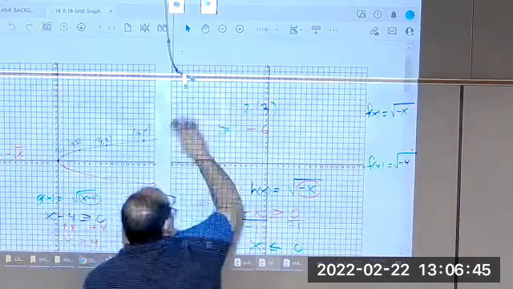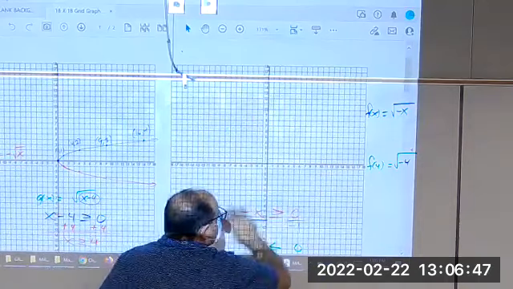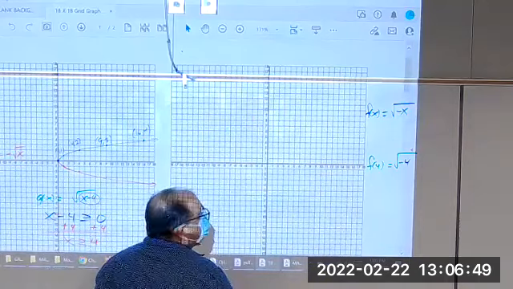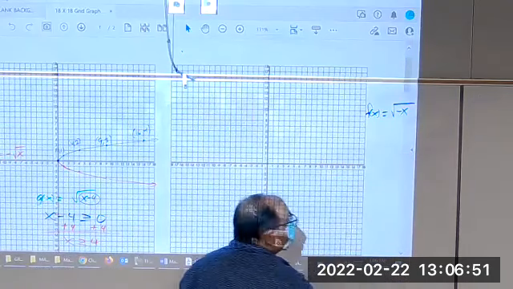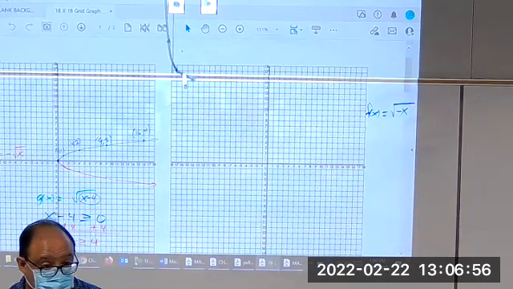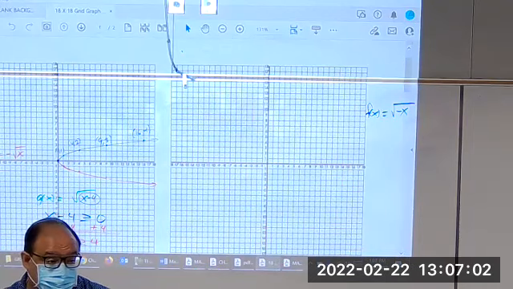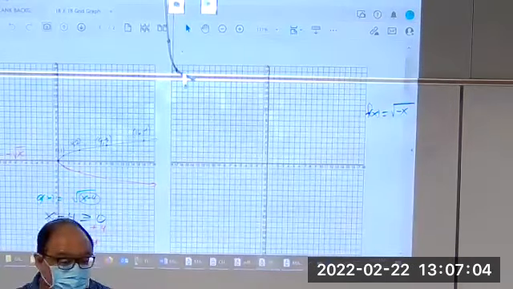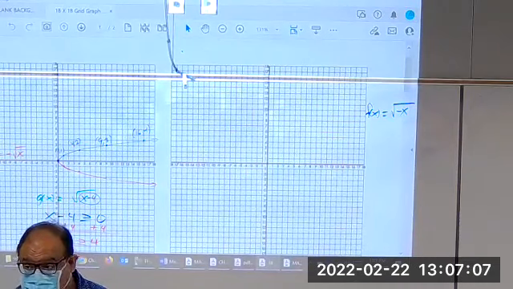The reason why I'm doing this, everybody, is because you don't need to plug in a whole bunch of numbers. You need to know all the little pieces and what they're doing for you. If you can read the equation, you know exactly where to put it and exactly what it's going to do, and you don't have to plug in anything, except maybe 1 or 2 points, just to get some accuracy.